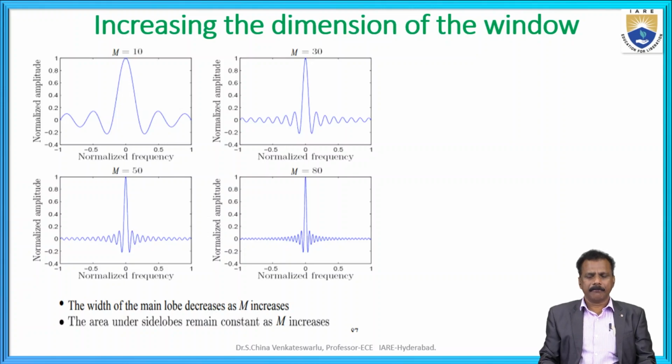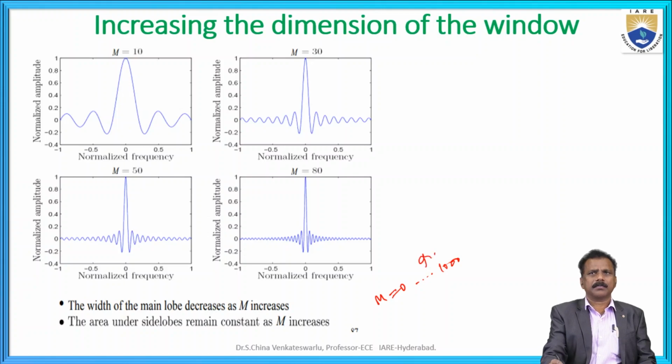Normally the M value initially runs from 0 up to 1000, as we have already seen how it is truncated. With reference to that, M is equal to 10, or 30, or maybe 20 or 35, or 45 and 50.